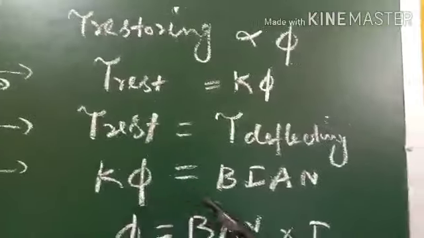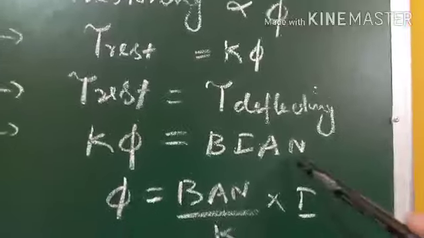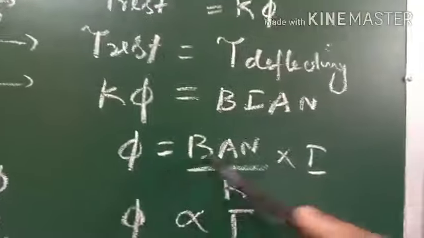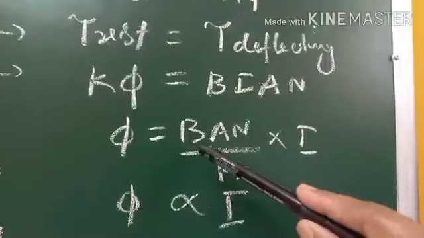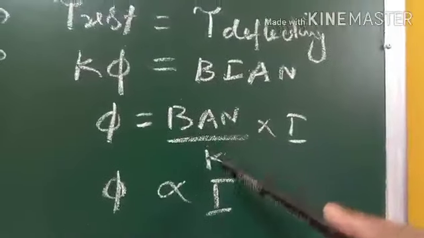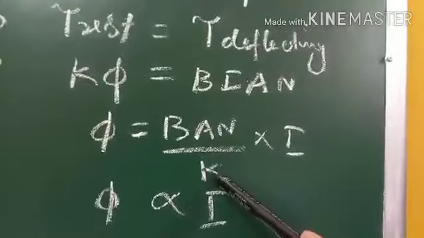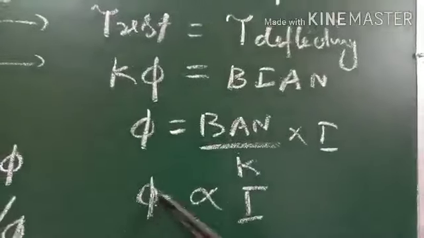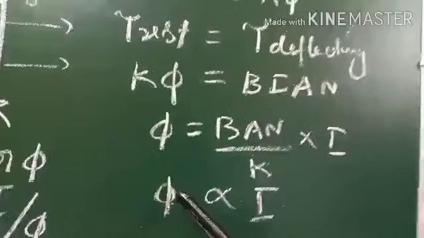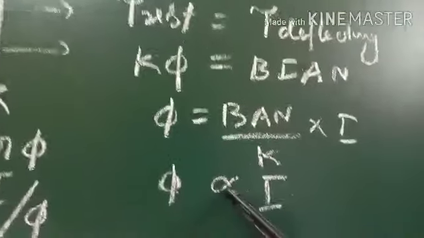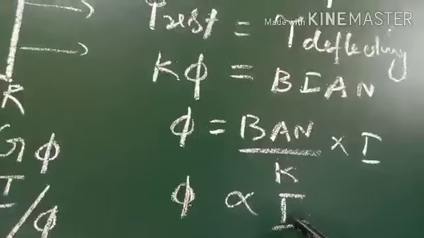So K phi is equal to BIAN, or we can write phi is equal to BAN by K into I. Here B, A, N and the torsion constant are all constants. So phi is directly proportional to I. The deflection produced in the coil is directly proportional to current.